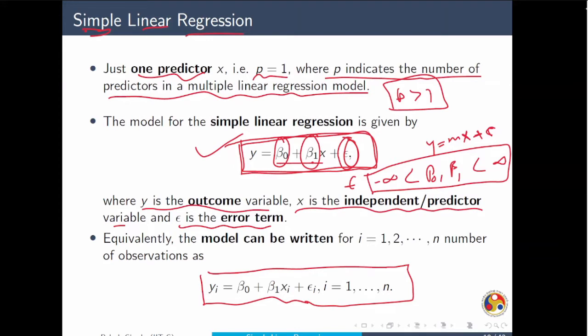Here i equals 1 to n, which means I have n observations, or if you are conducting a study, n patients. y is the outcome that I want to see, beta naught and beta 1 are the parameters, and X is the input or explanatory variable.